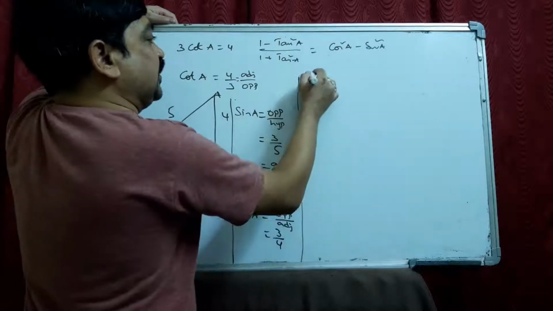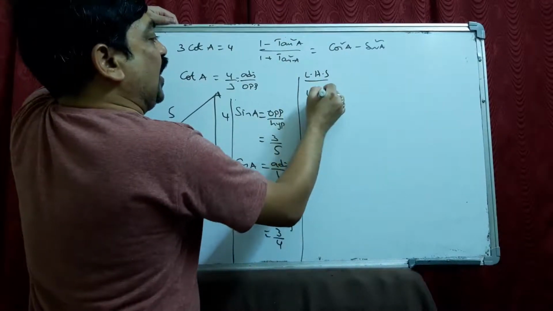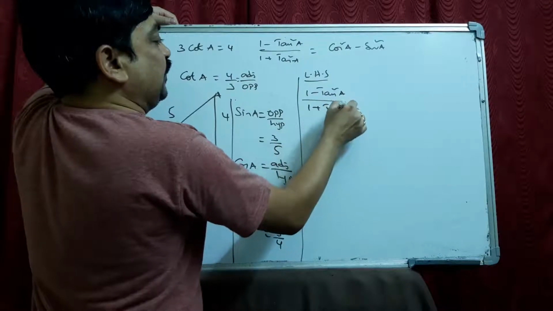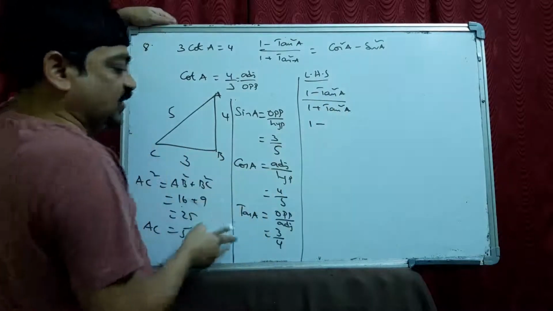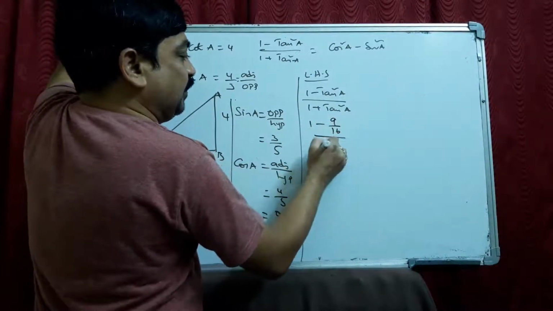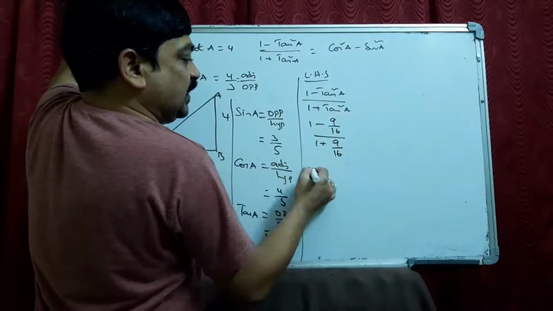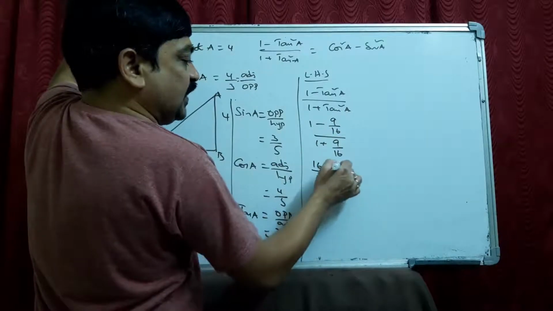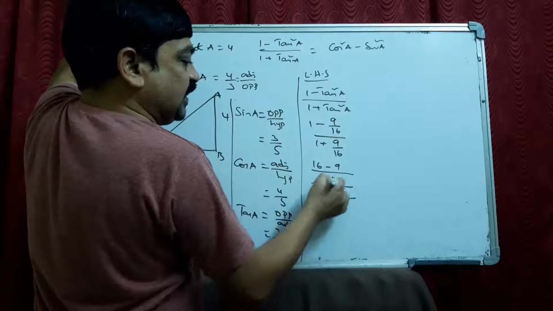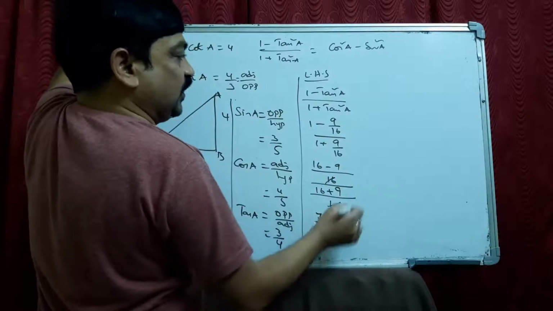First we do LHS. 1 minus tan square A by 1 plus tan square A. That is equal to 1 minus the square of this, 9 by 16, by 1 plus 9 by 16. So LCM in the numerator is 16, 16 minus 9. LCM in the denominator is also 16, 16 plus 9. 7 by 25.